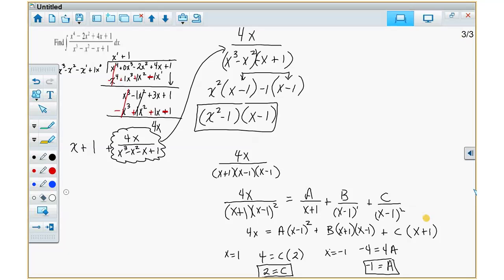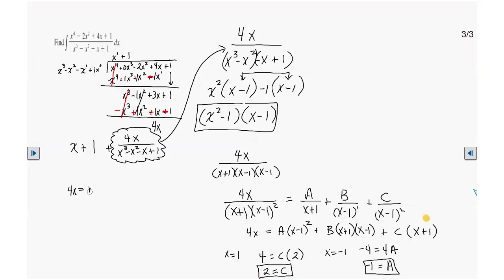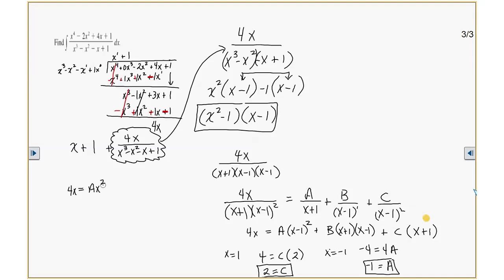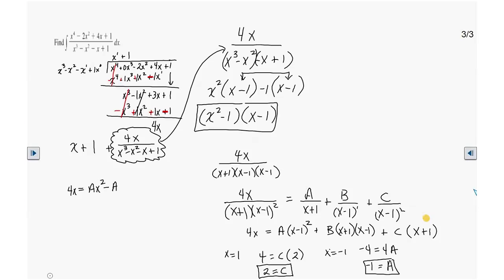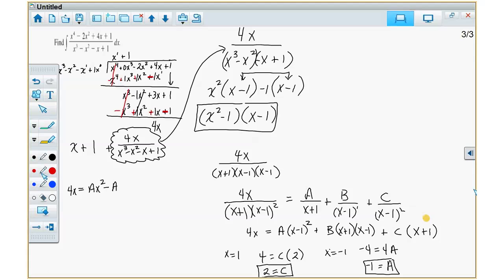4x. Okay, so that's gonna be 4x is equal to, that's gonna be x squared minus 1, so that's gonna be a x squared minus a, right? Plus, no, that's not gonna be, right? That's gonna be trinomial.